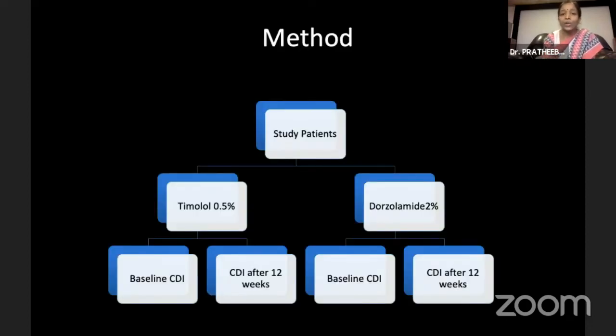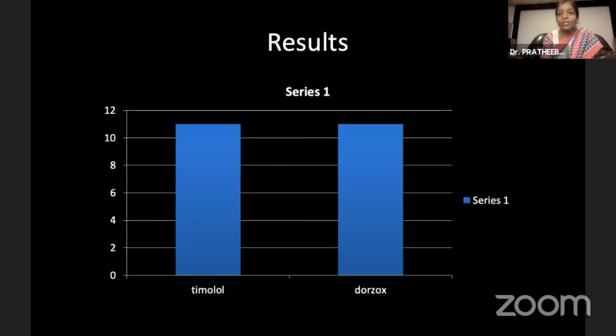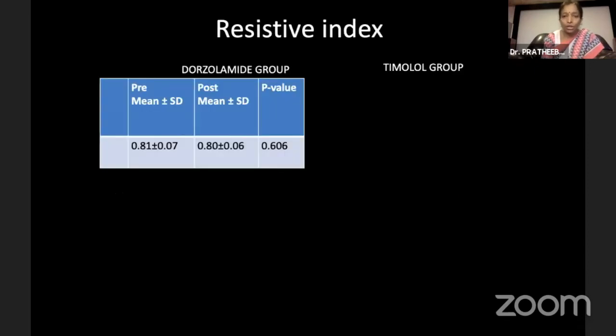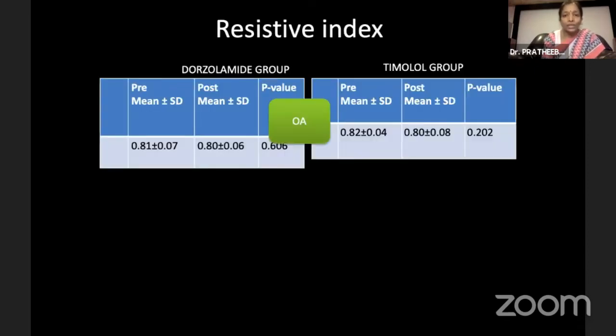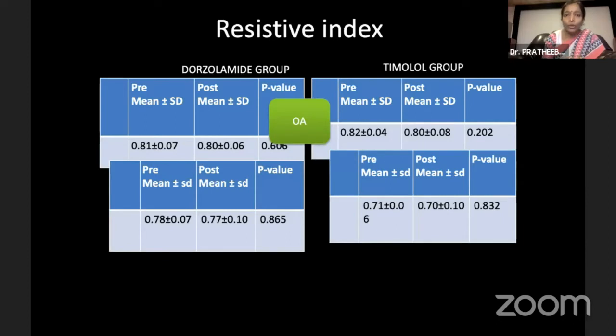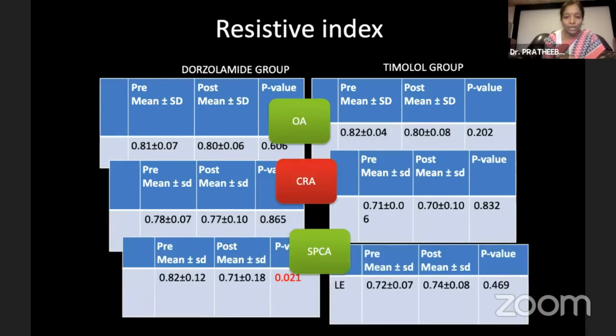The study patients were basically divided into two groups, the timolol group and the dorzolamide group. In the timolol group, the baseline measurements were done, and after 12 weeks, the final was done. Similarly, it was followed for dorzolamide. We had 11 patients in the timolol group and 11 in the dorzolamide group. And this was the resistive index of the timolol and dorzolamide groups in all the three arteries.